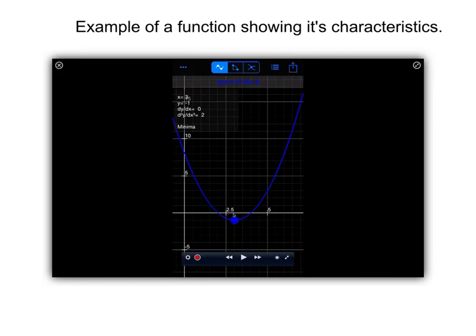So it will be decreasing from negative infinity until it hits 3. Now, at that point, it starts increasing. So from 3 to infinity, it will increase. Okay, so there are just a few of the characteristics of this. So where does it increase? Where does it decrease? Where does it cross the x-axis? Where does it cross the y-axis?